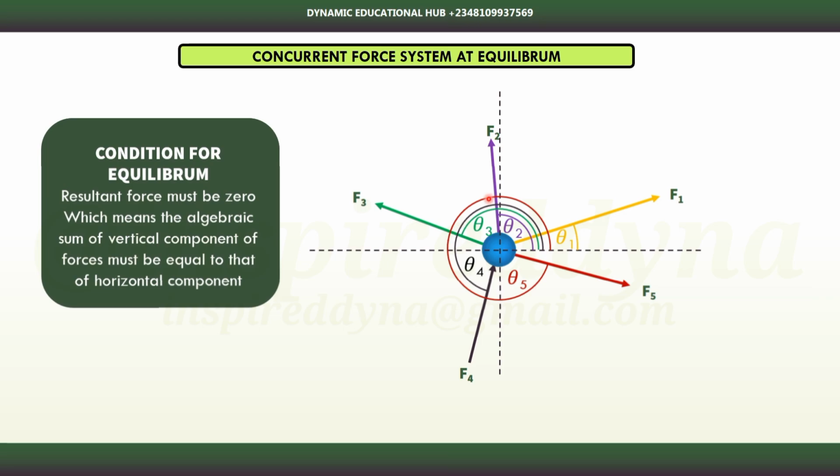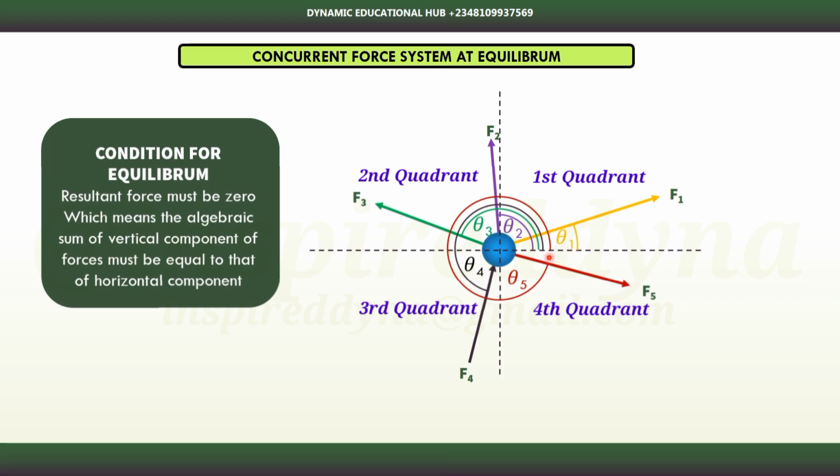Whereby your theta 4 is now in the range of reflex angle. The same thing with theta 5. And from trigonometry, we have first quadrant, second quadrant, third quadrant, and fourth quadrant. So here, you don't need to use plus or minus for this approach, because all these angles have their own respective sign while finding the sine, cosine, and tangent.